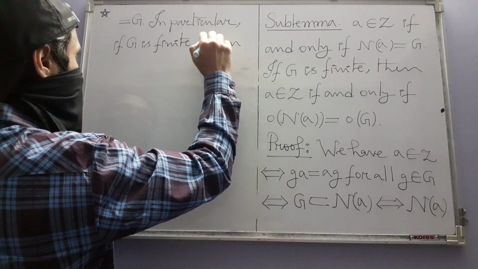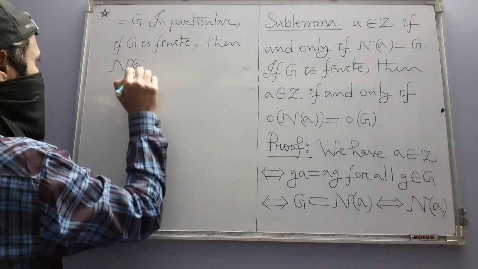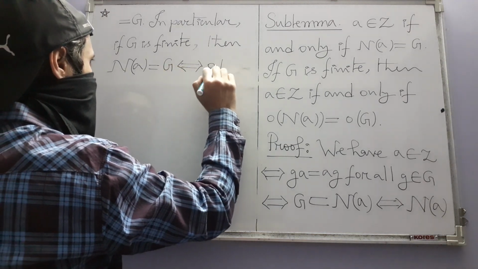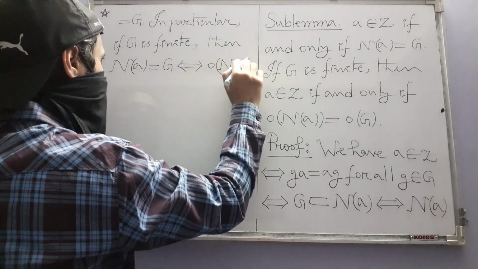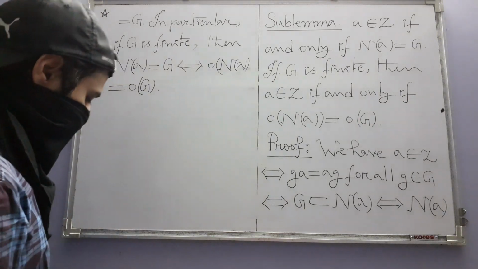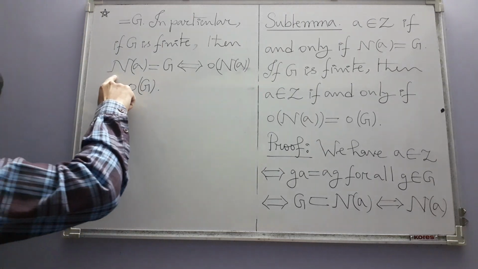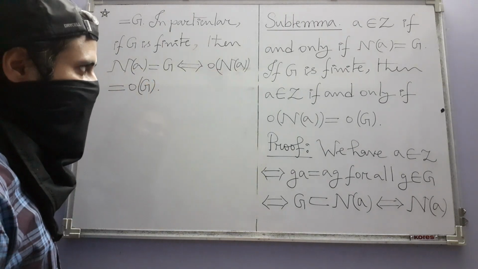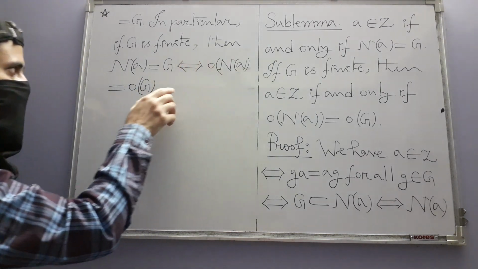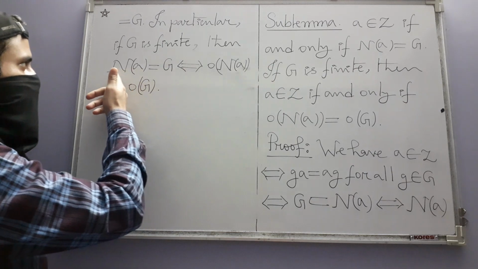Then this equality is itself equivalent to this equality. But why? Can we think of it for a moment? If you have this, then obviously you have this, provided G is finite. Conversely, if you have this, then combining that fact with this thing, you get this.